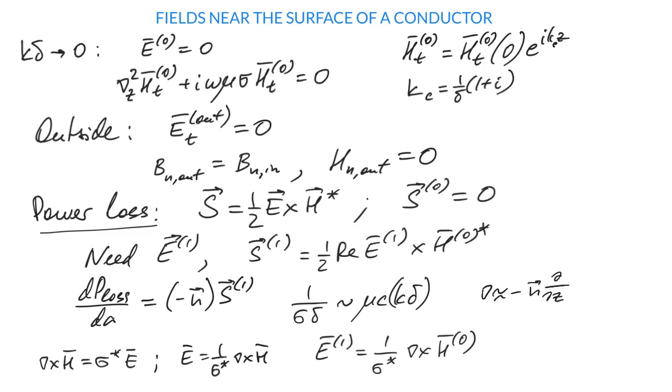So then this E first order in k delta goes as minus 1 / sigma star n cross dH naught by dz. Note that this first order in E turns out to be purely tangential to the surface because of this cross with the surface normal N.